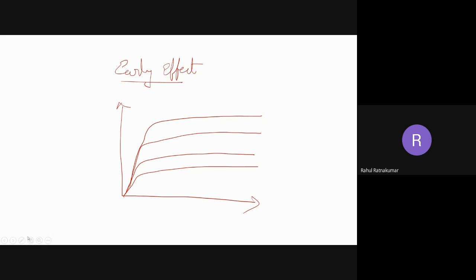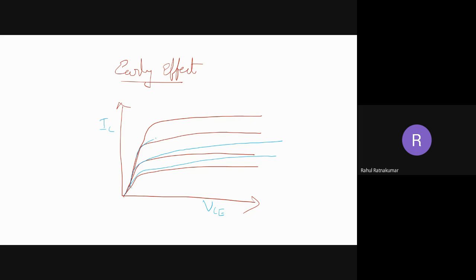In practice, the collector current is a bit different from what it looks like here. So this is IC and VCE. But in the real case, it is like this and starting like this it increases slightly, with some angulation. So it comes here and increases like this; this is the real thing.